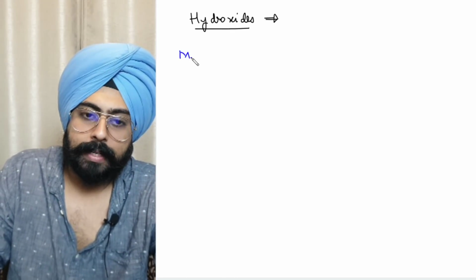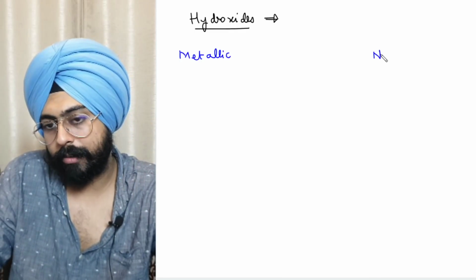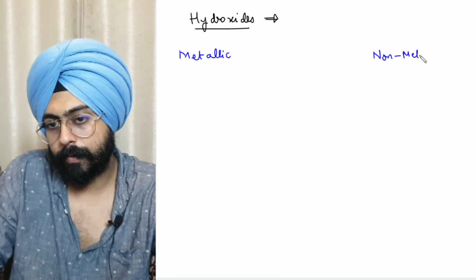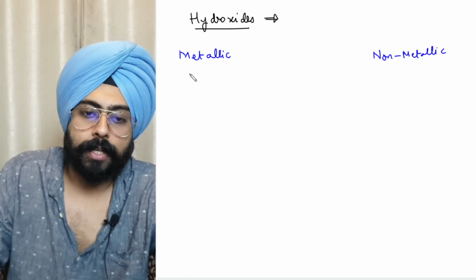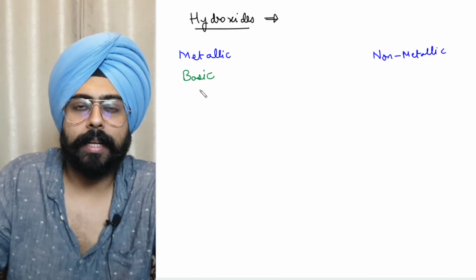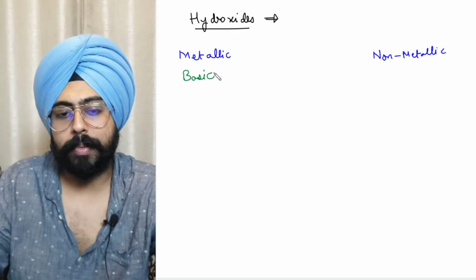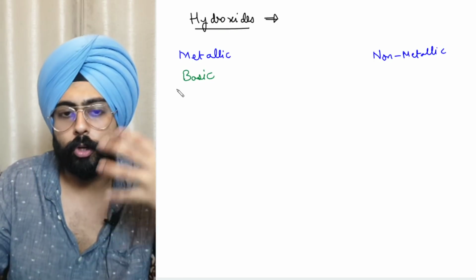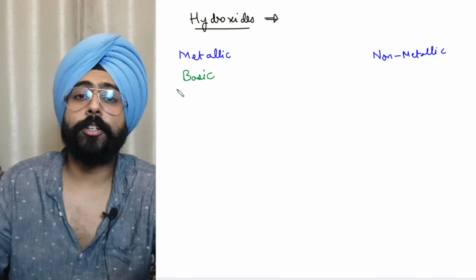If you have metallic hydroxides and on the other hand you will have non-metallic hydroxides. Cool. So metallic hydroxides are basic in nature. Okay, alkaline बोल सकते हो उनको. Alkali is essentially a solution which is basic in nature. ठीक है. So whenever you dissolve these metal hydroxides into water, it is an alkaline solution.